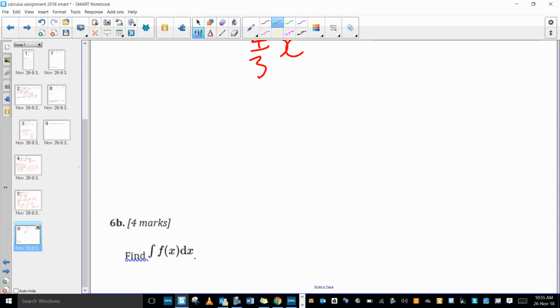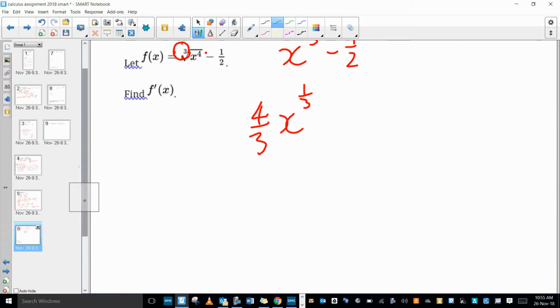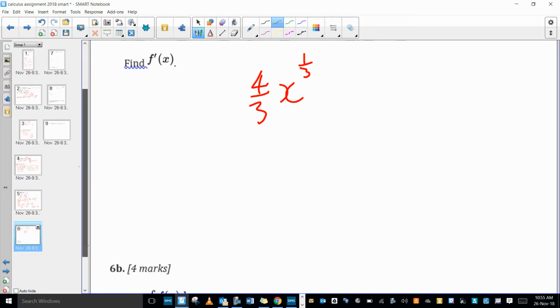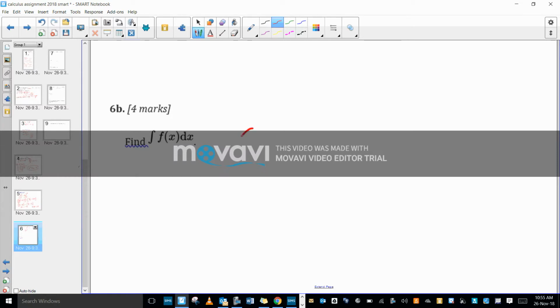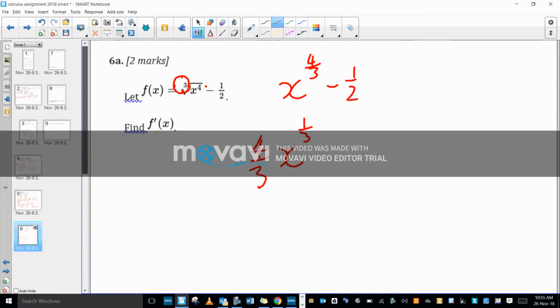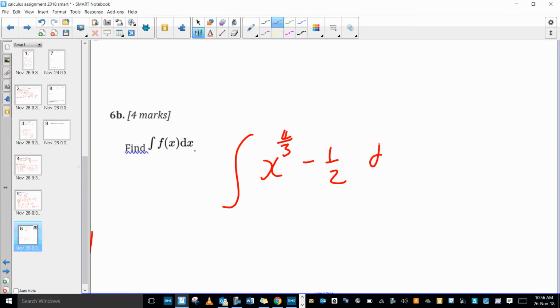Now we're trying to find the integral of that function. So we're integrating x to the 4 over 3 minus 1/2. Okay, so we add 1 to the power, so we're adding 1 whole 1 to this, so that will become 7 over 3.